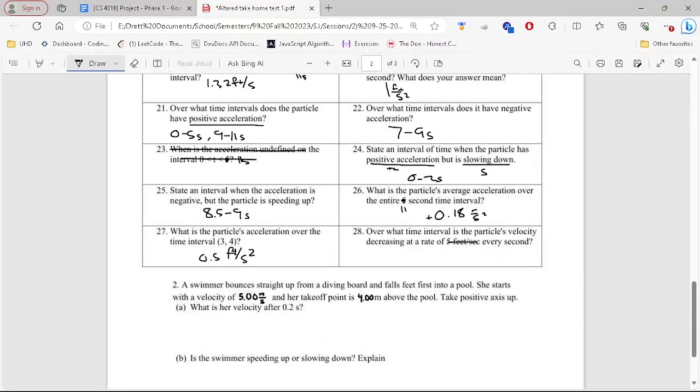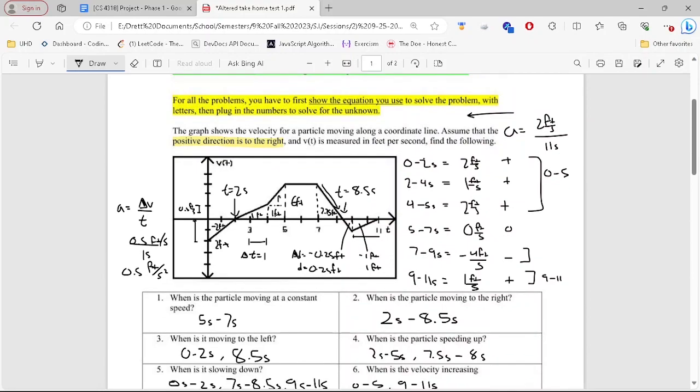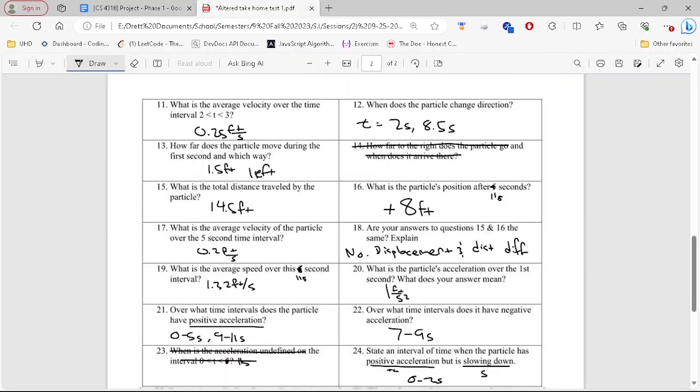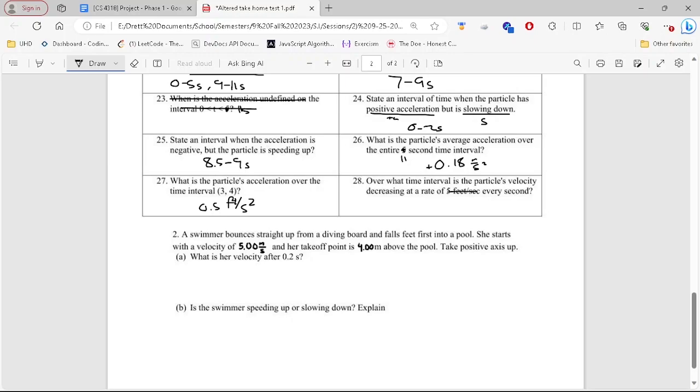But the way you would approach this is you would calculate the change in velocity over time for every time interval, which gives you the acceleration of every time interval, and from there you would be able to dictate which one had the acceleration of negative 5 feet per second squared.